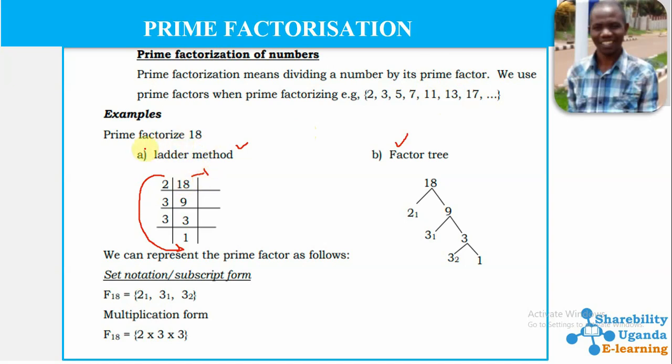We can use a ladder method or a tree method. They can also tell you to represent it in set notation or subscript form. So the factors of 18 is equal to 2 appearing once and 3 appearing 2 times. Here we can represent them in this form.